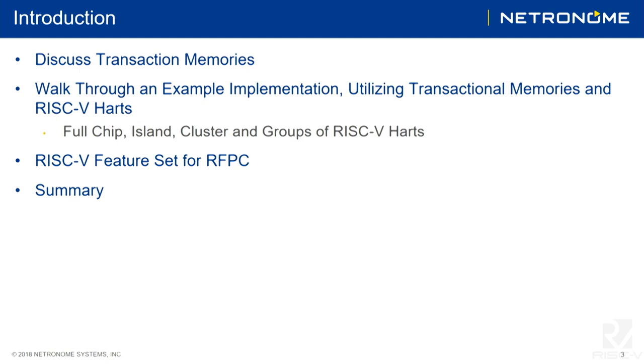Before I get too far into the heart of the application, I'd like to say a few words on multiprocessor cores and memory hierarchies. In the past, such systems needed to utilize a custom approach or shoehorn in a standard processor. With the advent of the open architecture RISC-V, we have an opportunity now to merge the two.